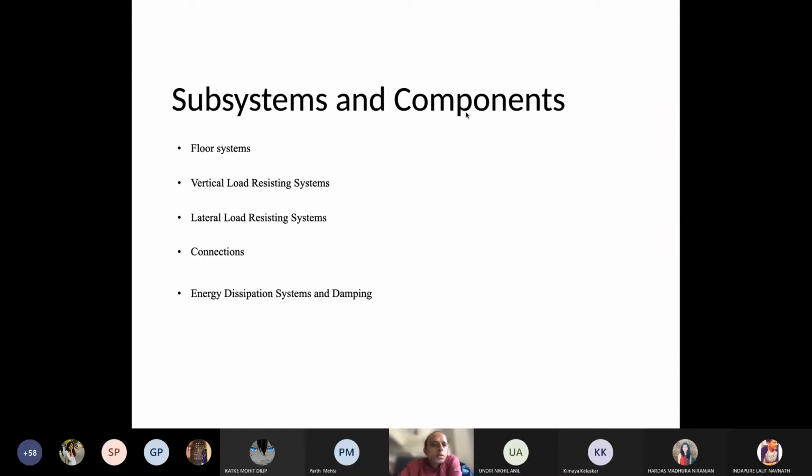Now the subsystems and components: there are floor systems, vertical load resisting systems, and lateral load resisting systems. Vertical loads are gravity; lateral loads are wind or other lateral stresses, like in the case of an earthquake.